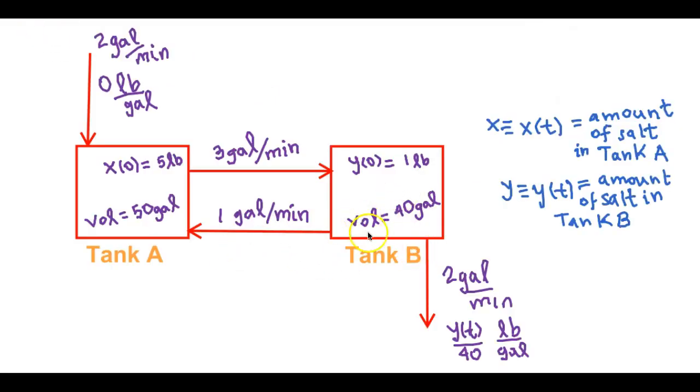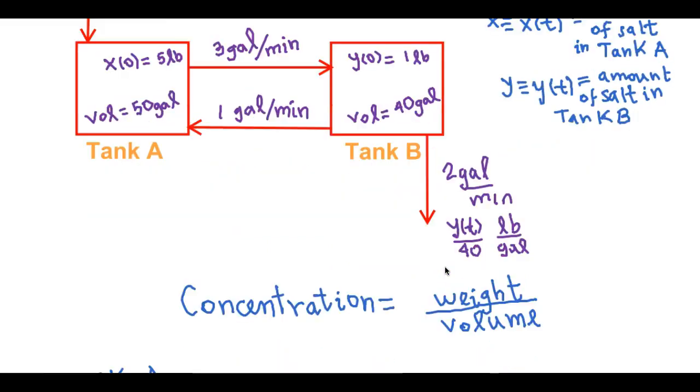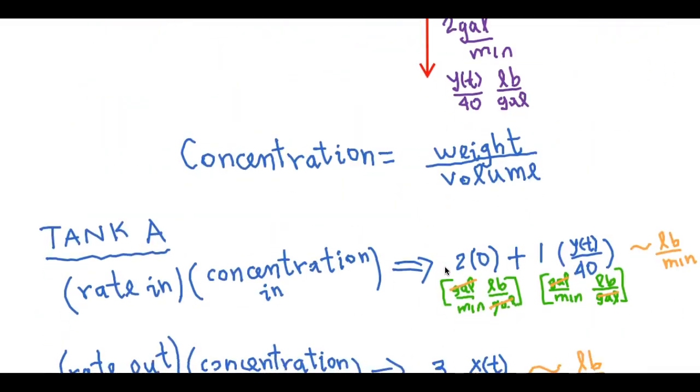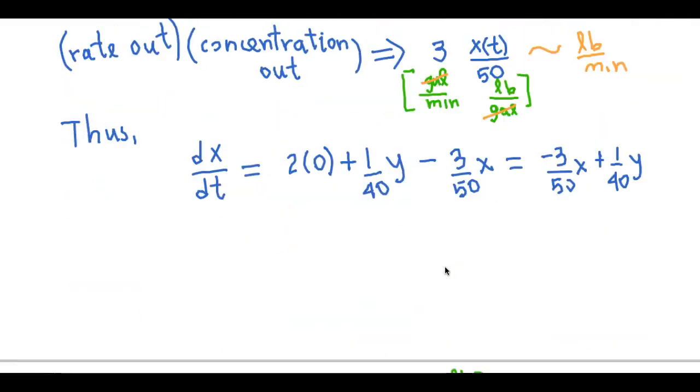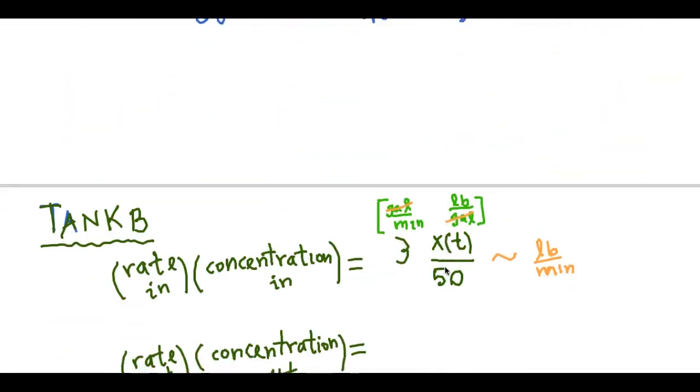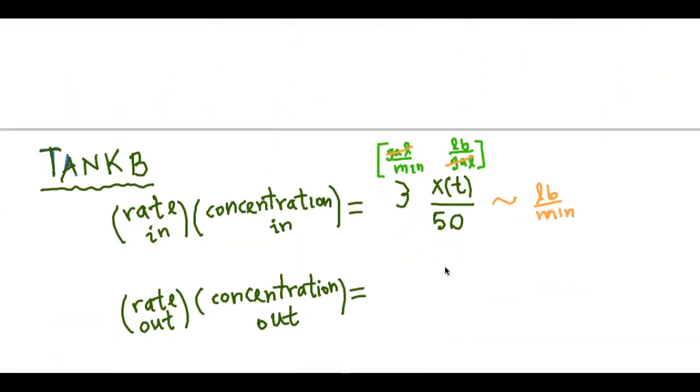Now, concerning what leaves tank B, there are two arrows, one with information of 1 gallon per minute, another one with information of 2 gallons per minute. So let's write that down for the corresponding part of rate out times concentration out.